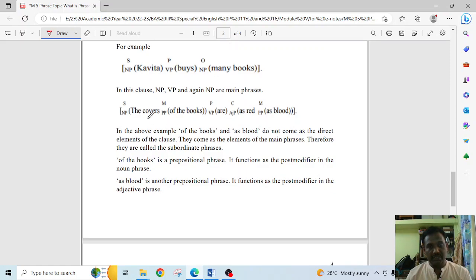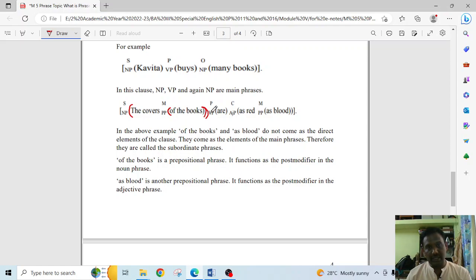On the contrary, see another example, the covers of the books are as red as blood. In this, the noun phrase begins from the covers of the books, and within that noun phrase you have the prepositional phrase of the books, which begins with the preposition of. Now you can easily drop this prepositional phrase, which is a subordinate phrase.